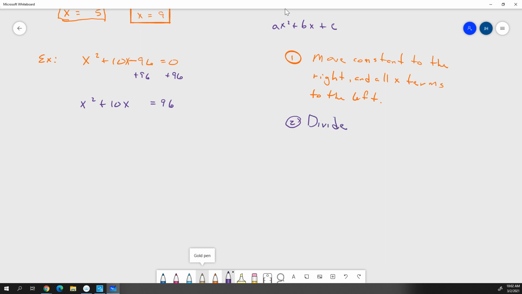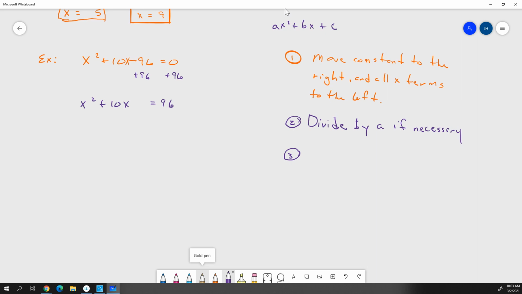So that doesn't apply here if a is 1, because if we divide every term by 1, everything stays the same. Divide by a if necessary. Not necessary in this case. So we're going to move on to the third step.